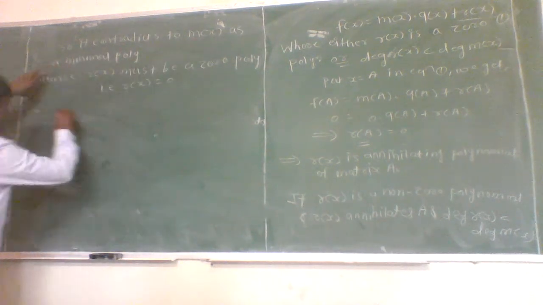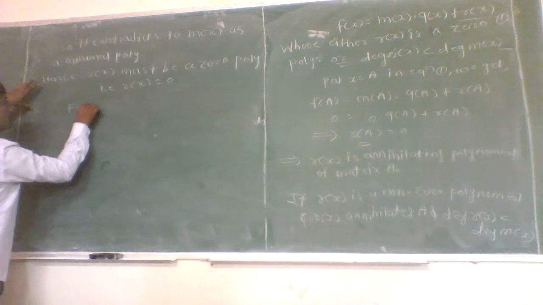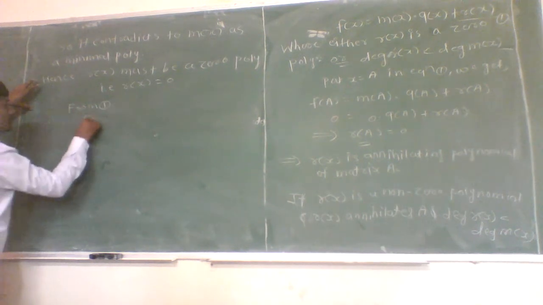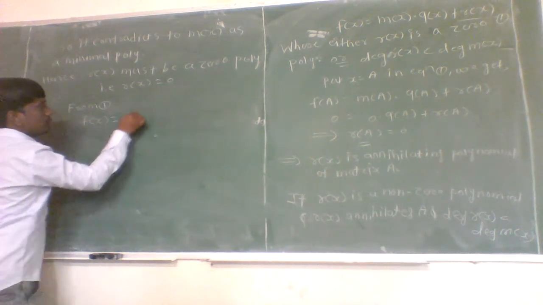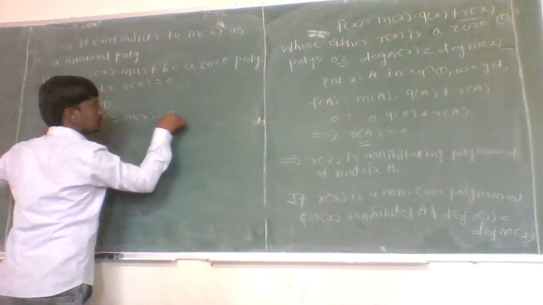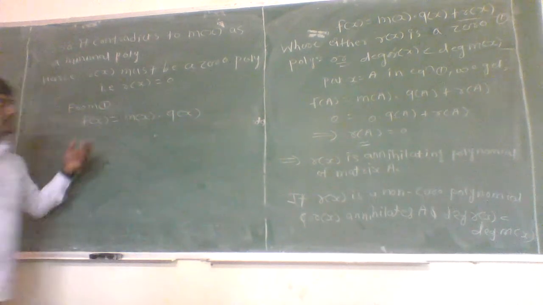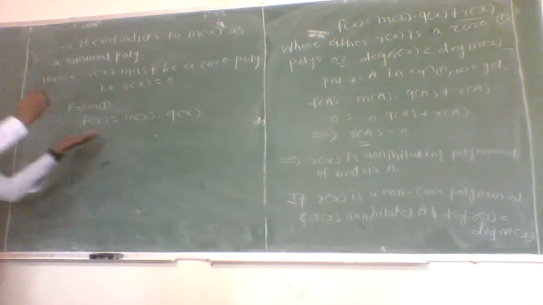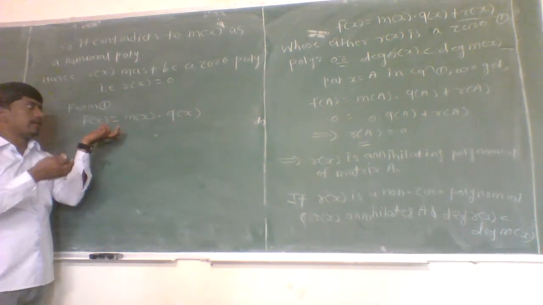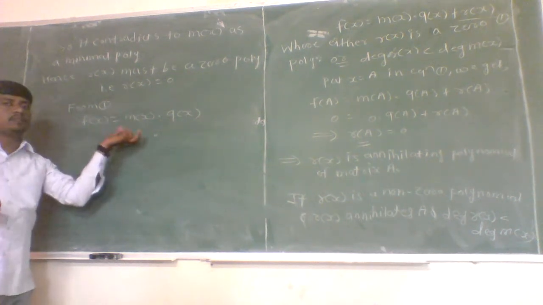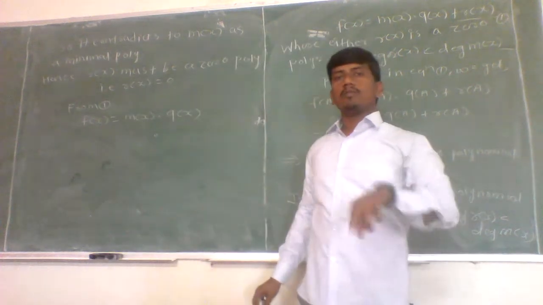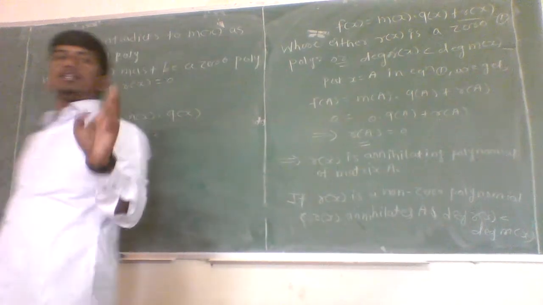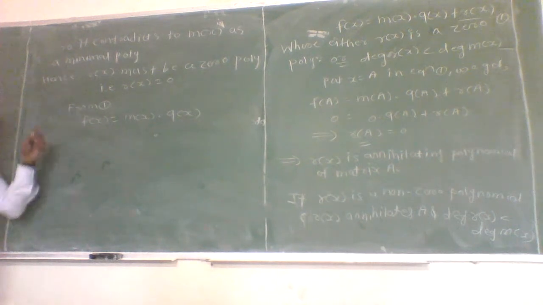Then we get from 1, f(x) is nothing but m(x) into q(x), since R(x) is 0. Now we know the definition of divisibility. Let us take the divisibility of two integers. If a and b are two integers, then b is said to be a divisor of a if there exists an integer q such that a equals bq.